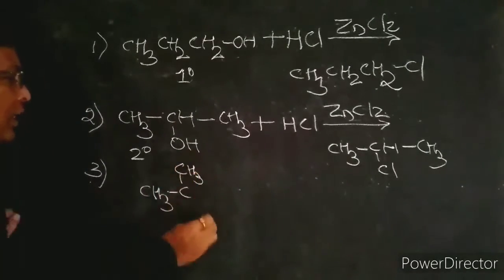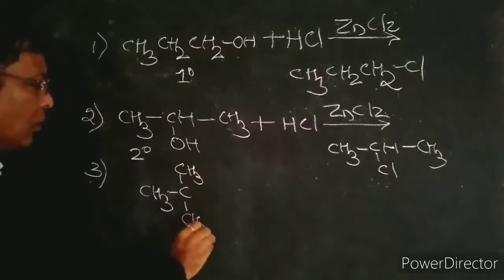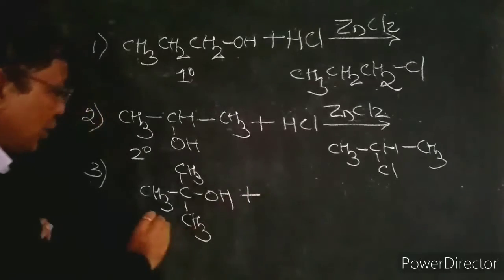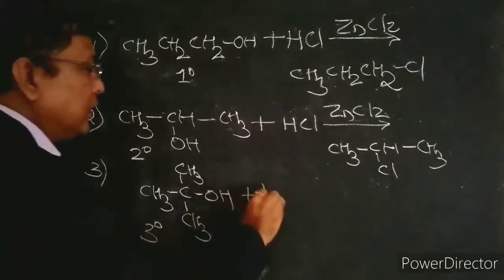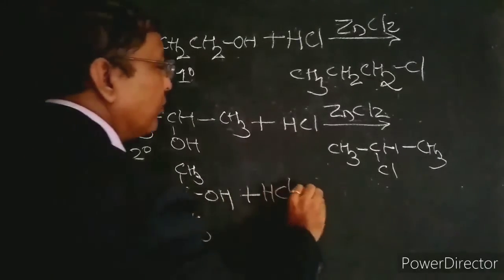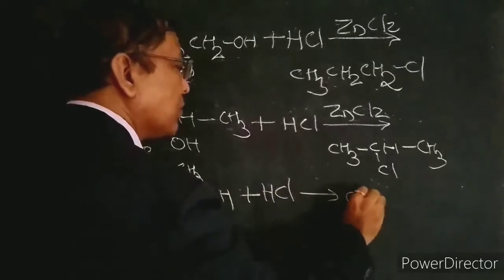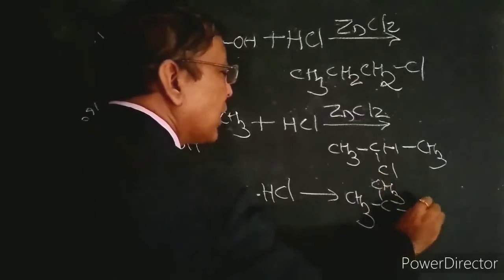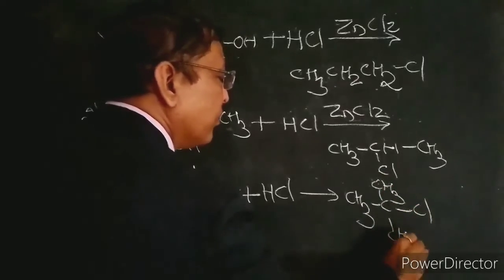Now I take tertiary alcohol, tertiary butyl alcohol. When we take tertiary alcohol, simply we add HCl, we get the product, that is tertiary butyl chloride.